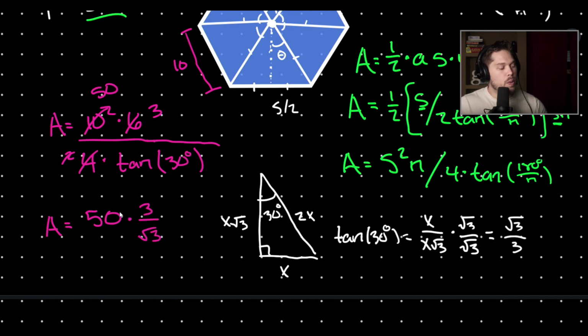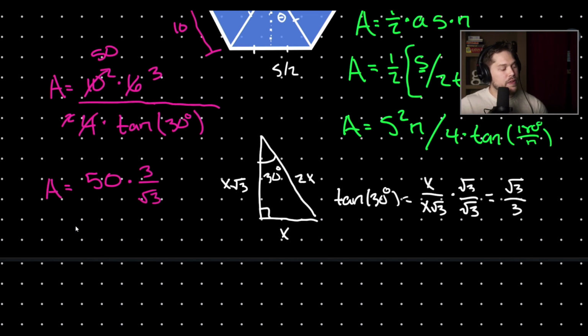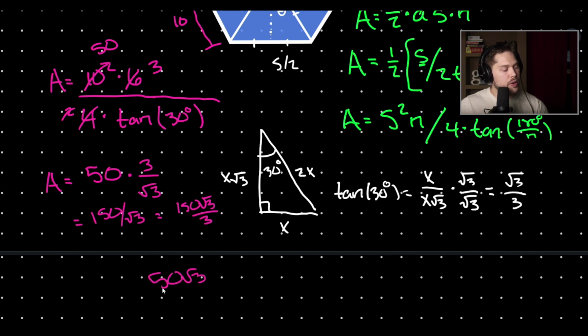So this is 150 over root 3. Again, you can't have a radical in the denominator, so we'll multiply by root 3 again and have 150 root 3 over 3. The 150 and the 3 simplify to just give us 50 square root 3.